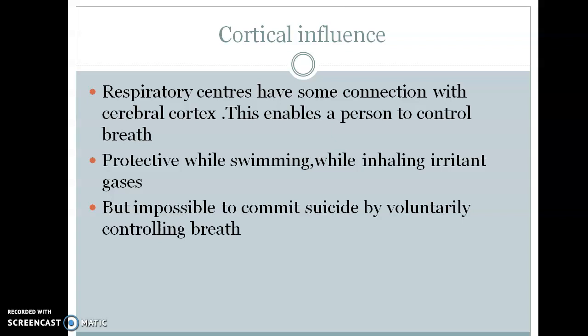The inspiratory center will get excited and generate excitatory motor impulses and transmit them in rapid release to the inspiratory muscles. These muscles contract and relax, increasing the breathing rate. Increased breathing rate is called hyperventilation.